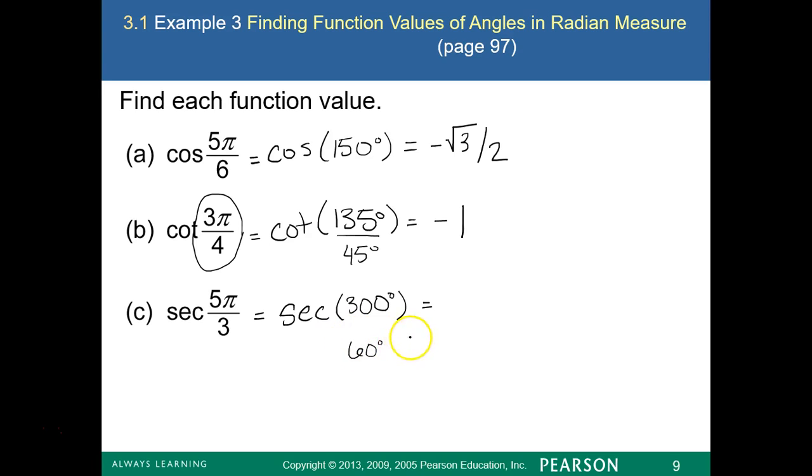So we're looking for secant of 60 degrees, and secant in the fourth quadrant is actually going to be positive. And if you use your chart, you should know secant of 60 is 2. And that's it for figuring out function values for these. Instead of having degrees, we have radian measures. And it works out just the same if we convert it back to degrees.